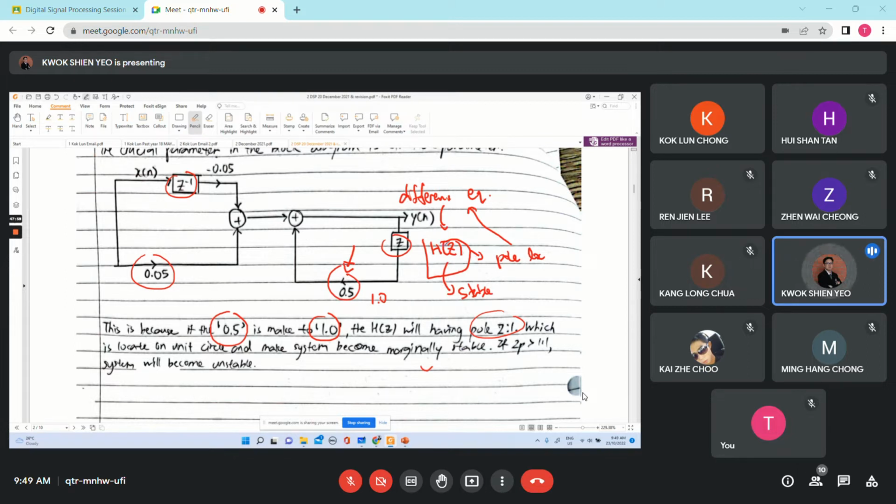It is making my new H(z) become this, and my pole-zero diagram is this, and every pole is within the unit circle, then the system is stable. Okay, if that's the case, then you are getting full marks.